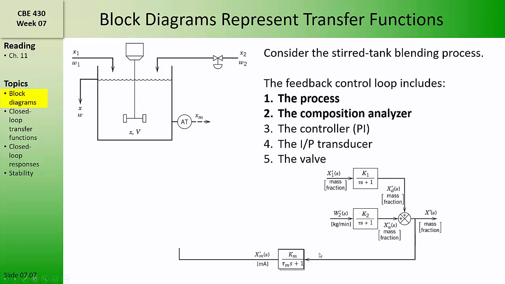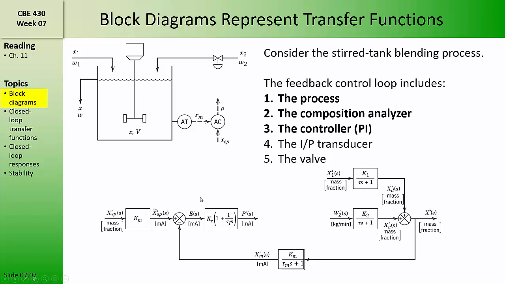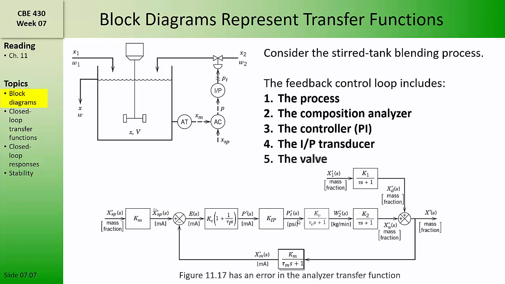That controlled variable x is measured, and the measured value is fed back to the controller where it is compared to the set point to calculate the error signal, which is then used according to the PI controller algorithm to calculate the controller output signal P. The controller output signal is converted by the IP transducer to a pressure signal, which then goes to the valve, where the valve uses that pressure signal to modulate the flow rate W2.